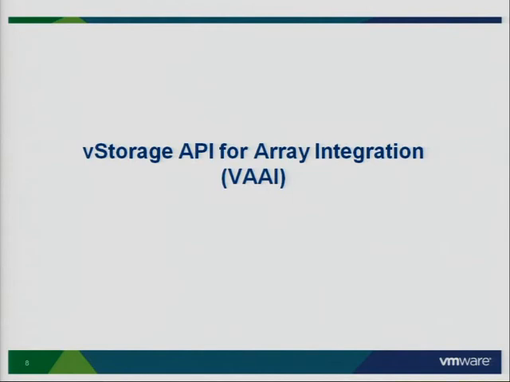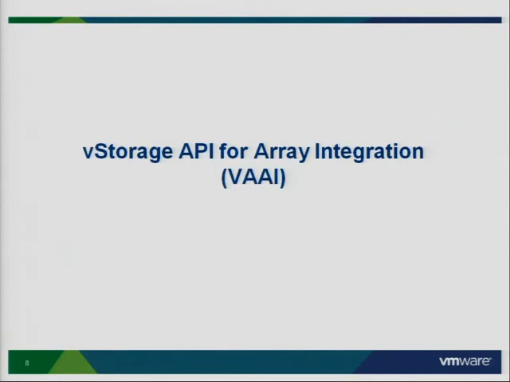So with vSphere 4.1, we released a new API that allows for hardware offload operations. This is the vStorage API for Array Integration, VAI. And as the name implies, array integration means providing an opportunity for storage partners to provide hardware offload operations.